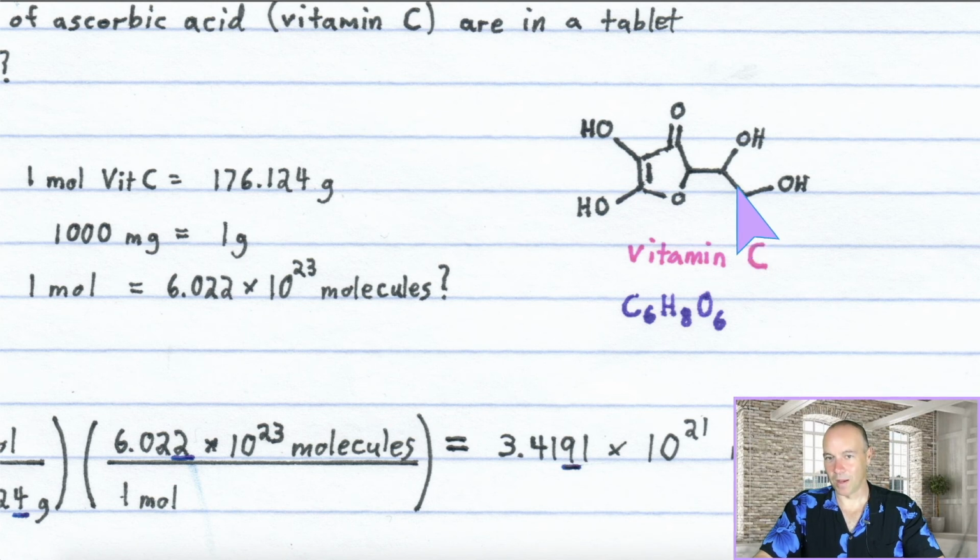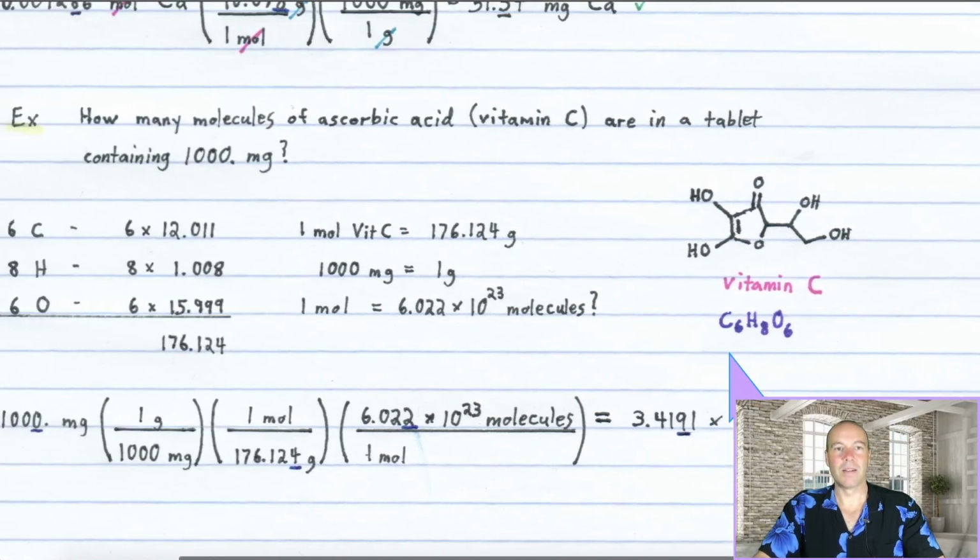You got 1, 2, 3, 4, 5, 6. And then the hydrogens: you got 4 of them shown because they're attached to oxygen. So you got 1, 2, 3, 4. But then you got 2 more here, because there are only 2 bonds. So the other 2 go to hydrogens. So that would make 6, and then 7, 8. So there's the formula for ascorbic acid.